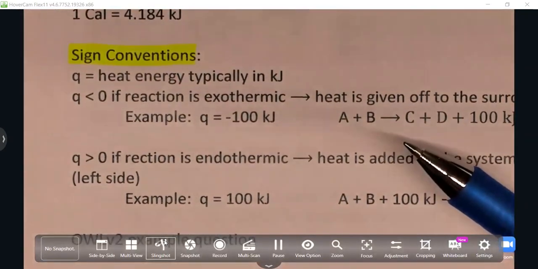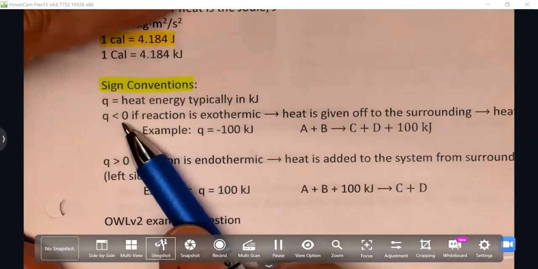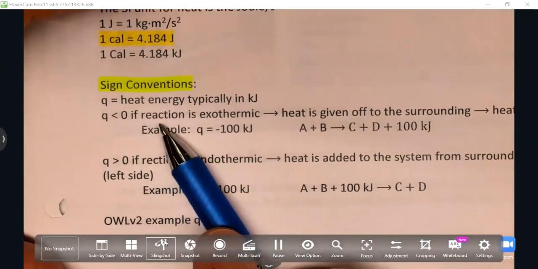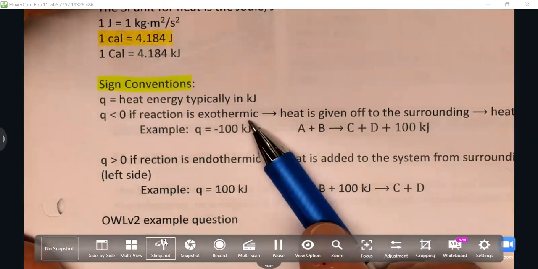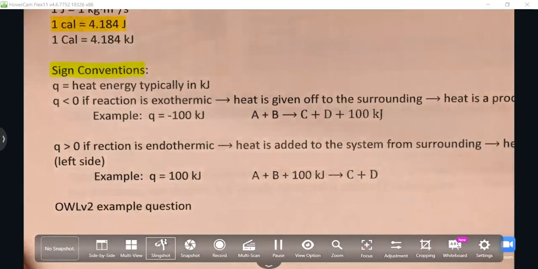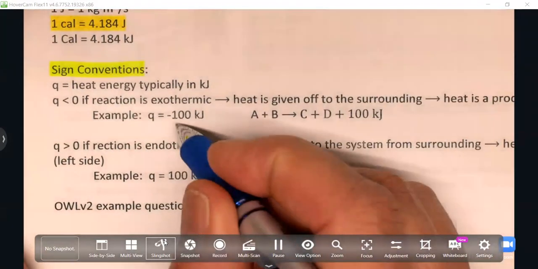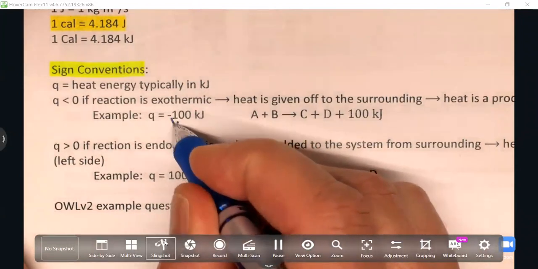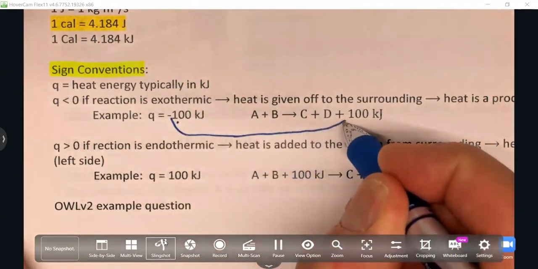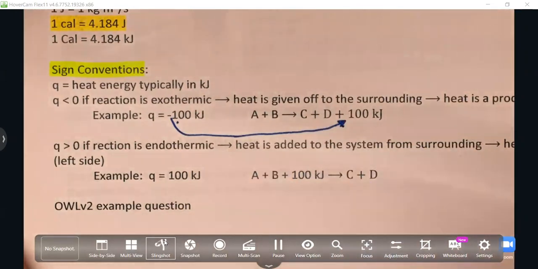If Q is negative, if Q is less than 0, we know the reaction is exothermic. Heat is given off to the surroundings. Heat is a product. It goes on the right side. So if you see a negative value here, we know this has to go on the product side, and it goes on the product side as a positive number.